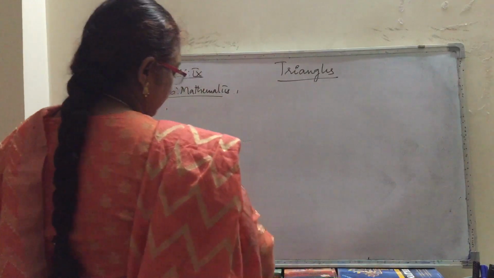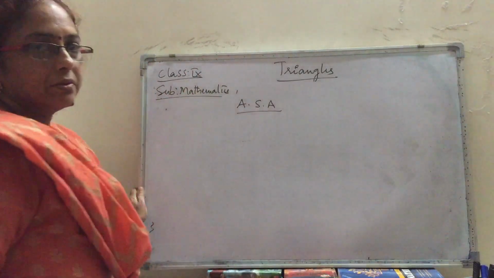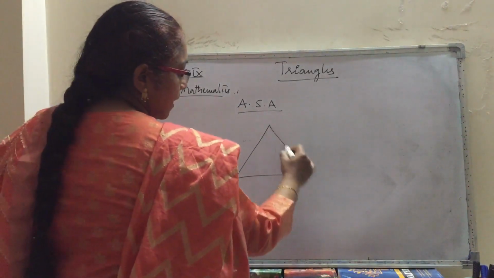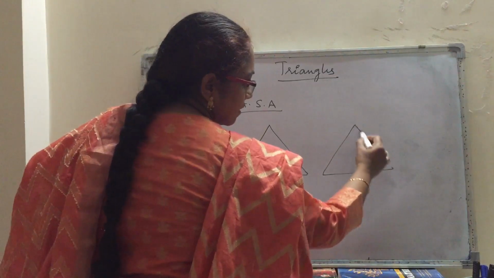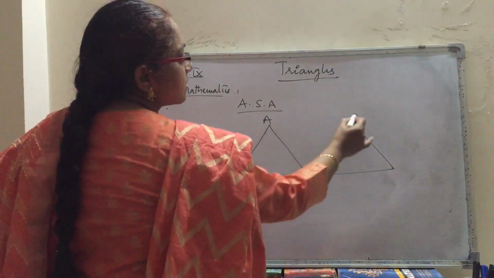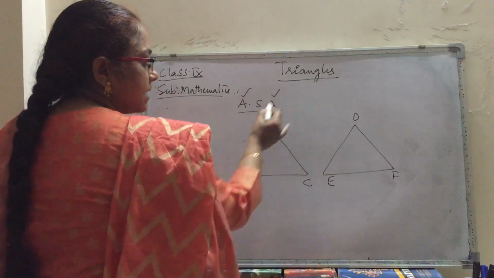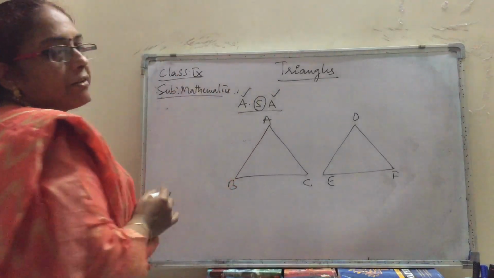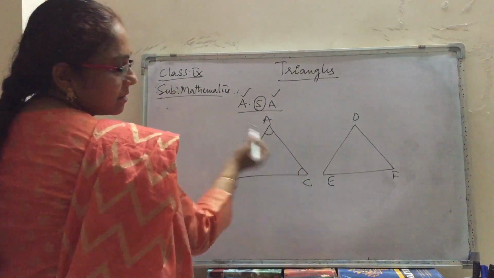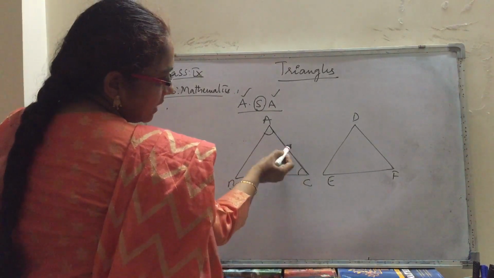Next, what is the next rule? ASA congruency rule. What is the ASA congruency rule? If I take two triangles, when can we say they are congruent by this rule? Here, two angles and the included side of them. If I take these two angles, which side is included between them?